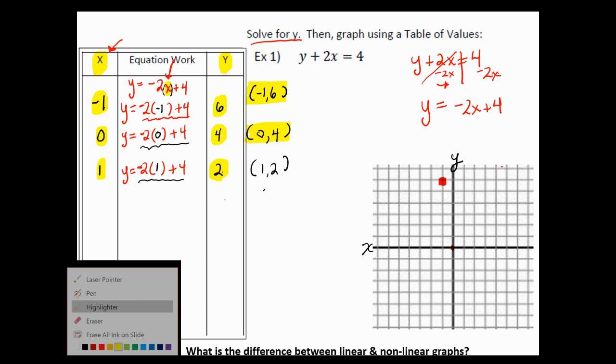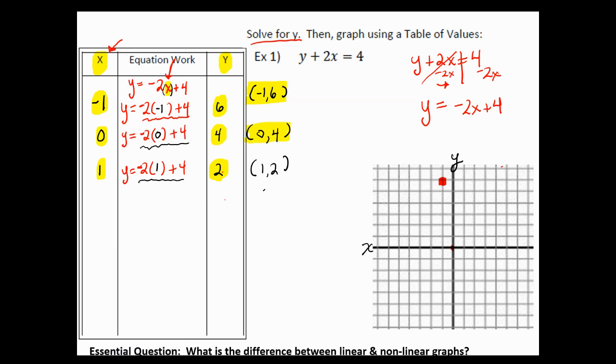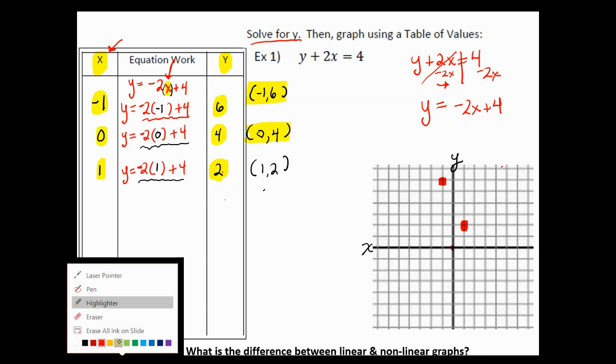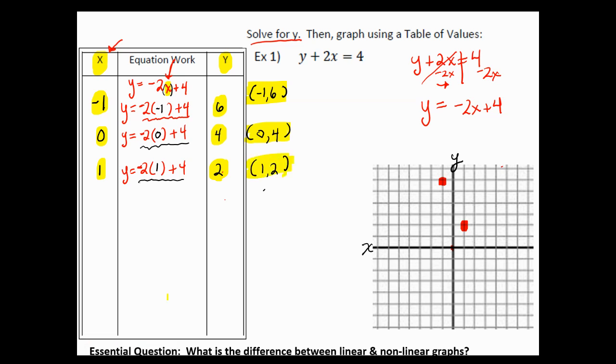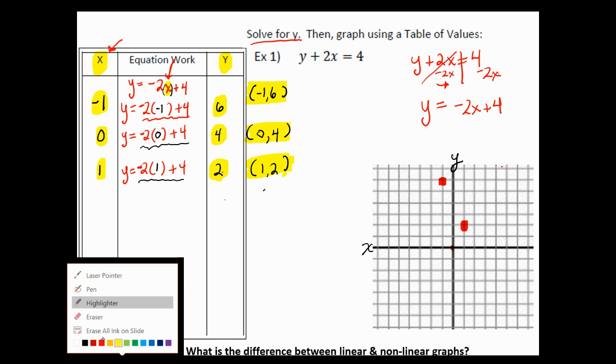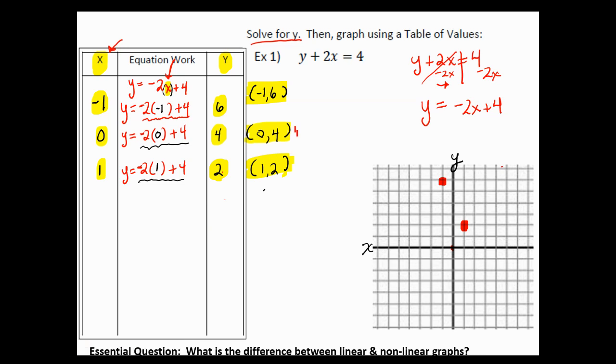So let's go ahead and graph that point. So you'd start in the middle, over 1, up 2, and make a dot. So we just graphed this one, right? Okay, so let's go back to this one. If we're going to draw a line, can't you kind of see the line is going to go right through here?